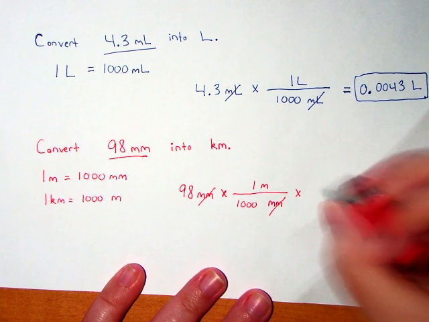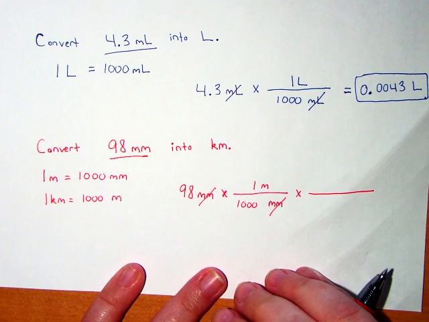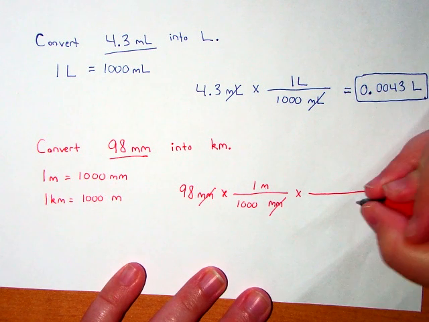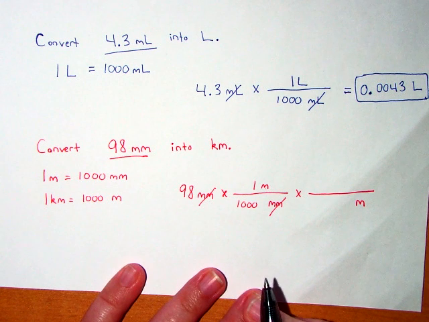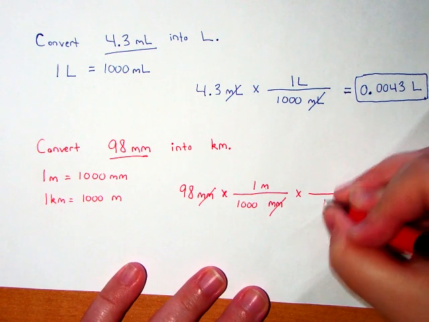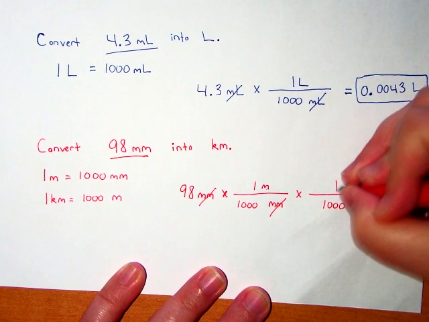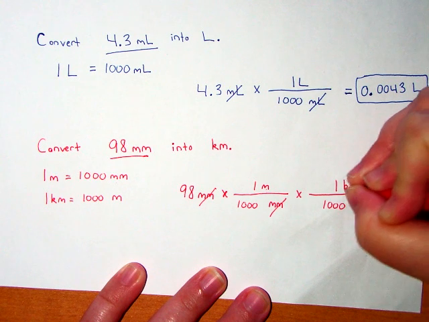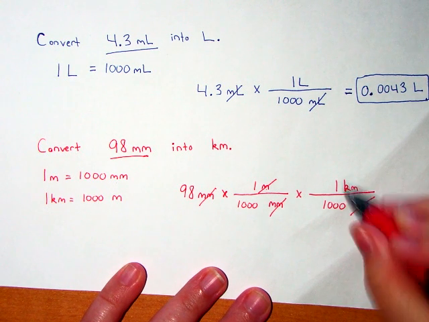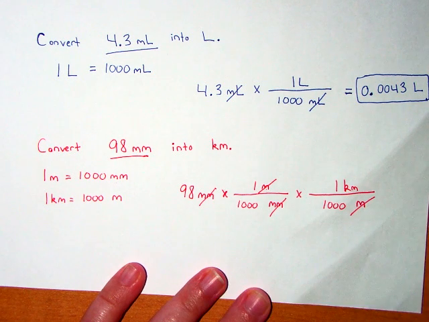Okay, so I'm going to have to set up another fraction. When this happens, you just keep going in the same way. So I have meters on top, I want meters on the bottom. I'm going to go to my second conversion factor here. 1,000 meters is equal to 1 kilometer. Cancel out meters and meters, and I'm left with kilometers as my unit, which is correct because that's what it's being asked for.